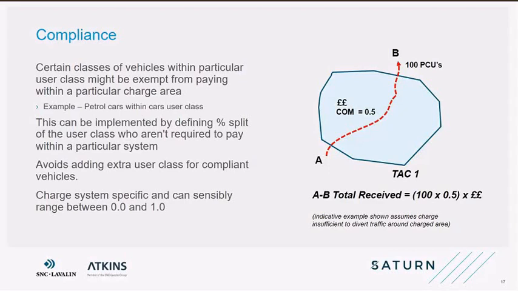Currently, we might have to split the matrices by some percentage and put them in as two different user classes for our assignment. But with this new feature, we can just define the percentage split and give it as an input in the network, and the assignment would automatically do that. So it avoids adding extra user classes for compliant vehicles.